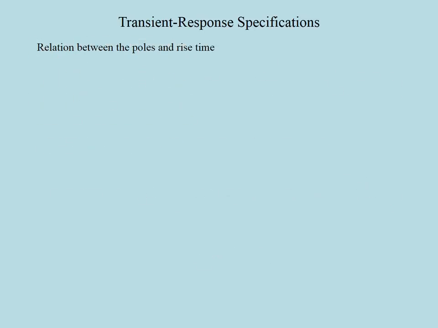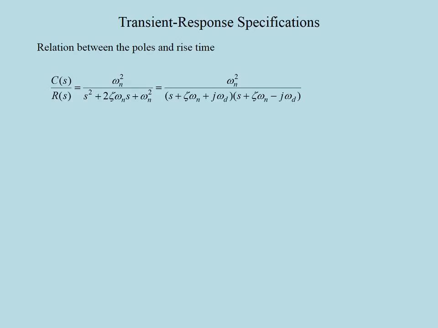To understand the relationship between the pole locations and the rise time, first recall our second order transfer function and the expressions relating omega_n, omega_d, zeta, and sigma to each other. Let these be the locations of our complex conjugate poles on the complex plane.